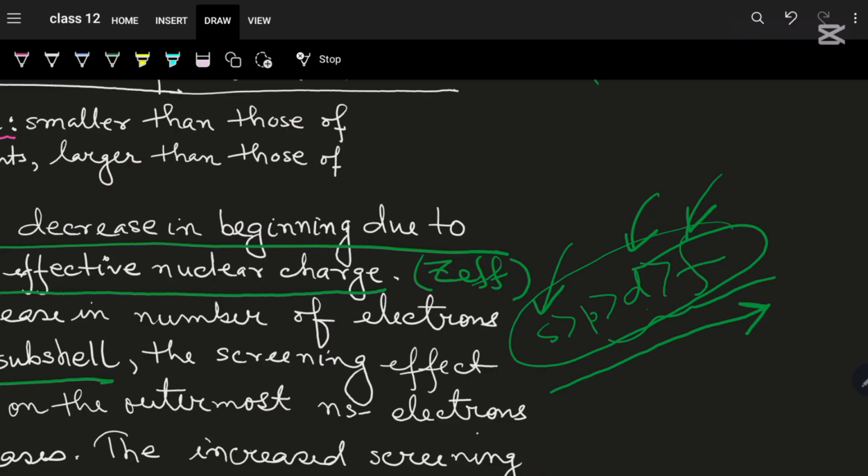If the shielding effect is decreasing, that means these electrons that are present in (n-1) D or in (n-2) F are not effectively shielding the outer electron from the nuclear charge, and so there is a contraction in the atomic radii.